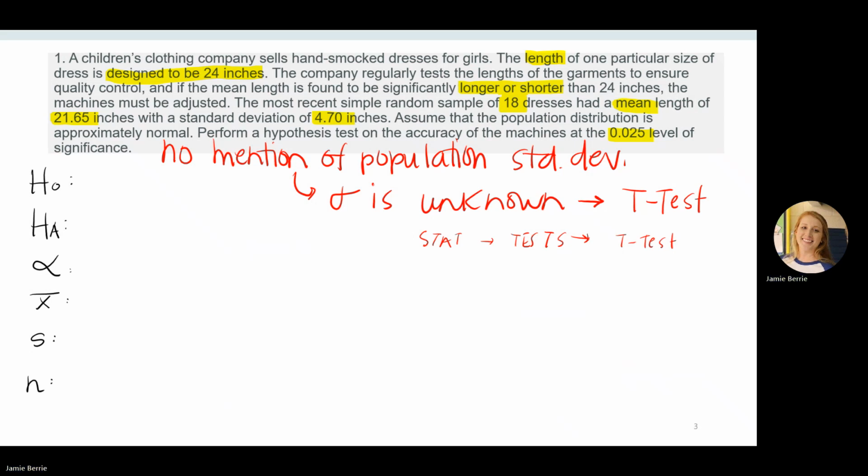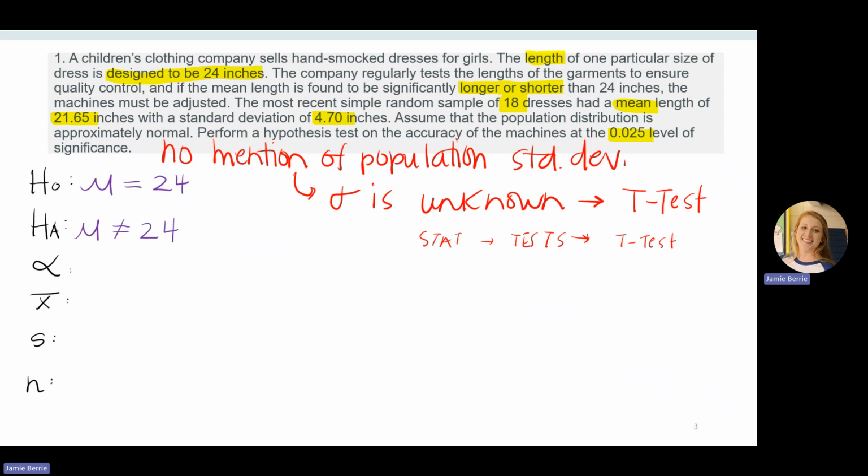We said this was a hypothesis test for a mean, so go ahead and put mu, the symbol for population mean, in our null and alternative hypotheses. The null hypothesis always gets the equal to. The value that's believed to be true is 24 inches. And we're going to have to adjust the machine if it's longer or shorter, so we're just saying our alternative hypothesis is that it's not equal to 24 inches.